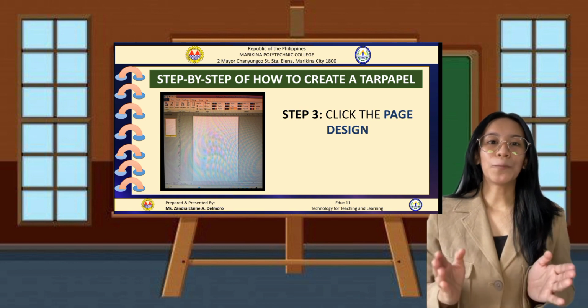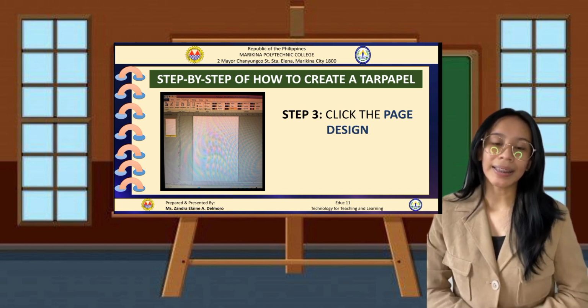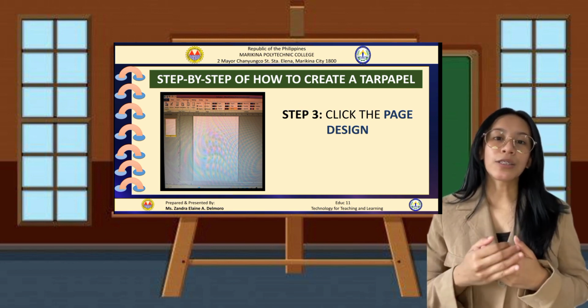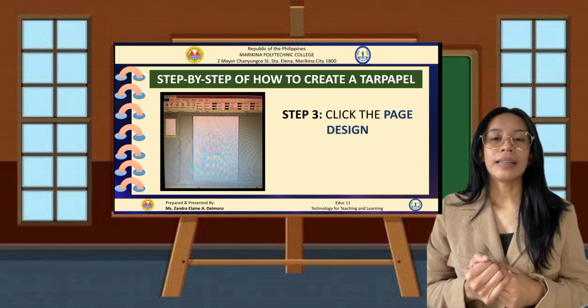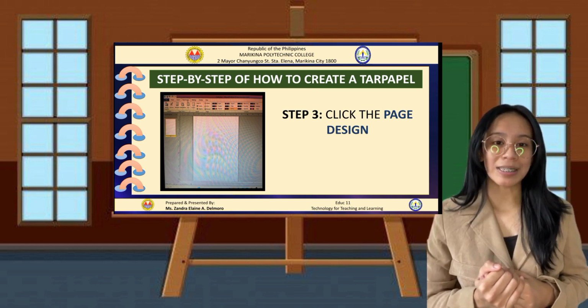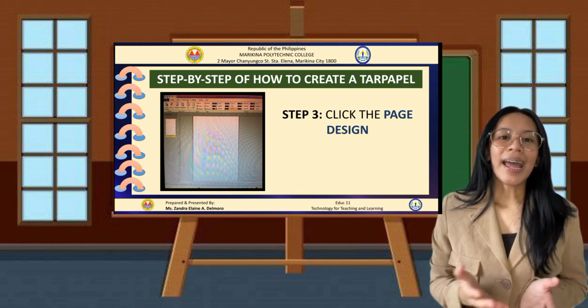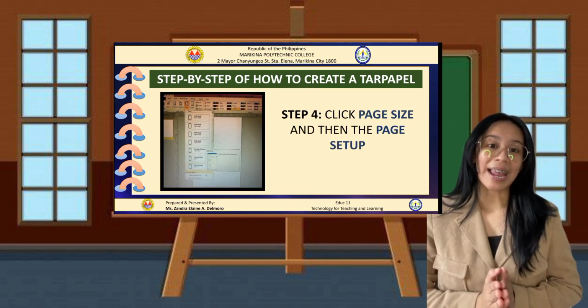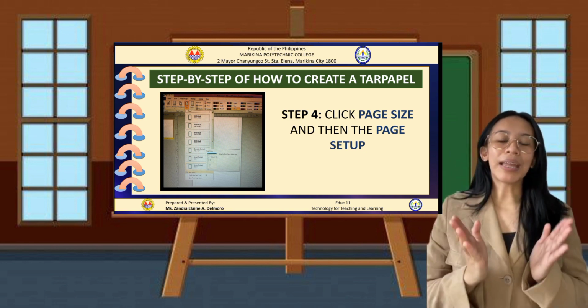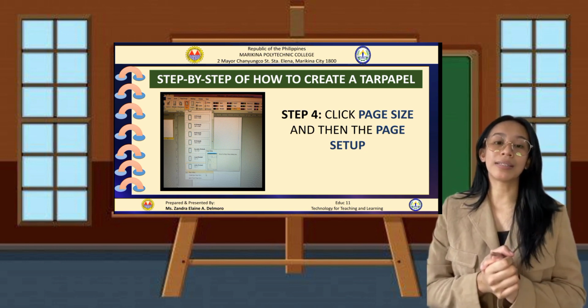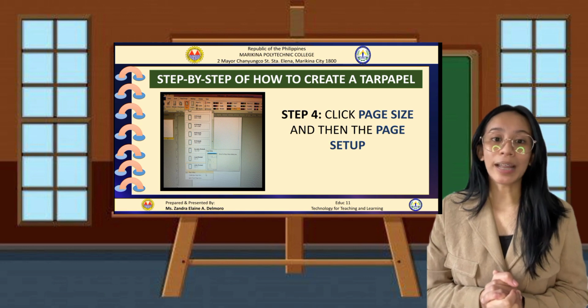So the Microsoft Publisher window will appear on the screen. Next is to click the page design. Next, click the page size, and after that, click the page setup for you to set up the size of your paper or your tar papel.